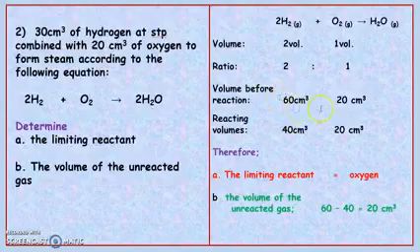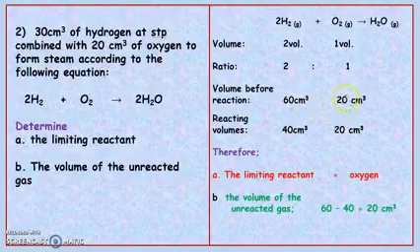What it means is that since we only have 20 cm cube of oxygen instead of 30 that we need, it means we are not going to use everything here. So the excess reactant is the hydrogen. So the question now is, how many hydrogen are we going to use, since we are not going to use everything? So if you look at this, we go back to our limiting reactant. Our limiting reactant will determine how many of the excess to be used.